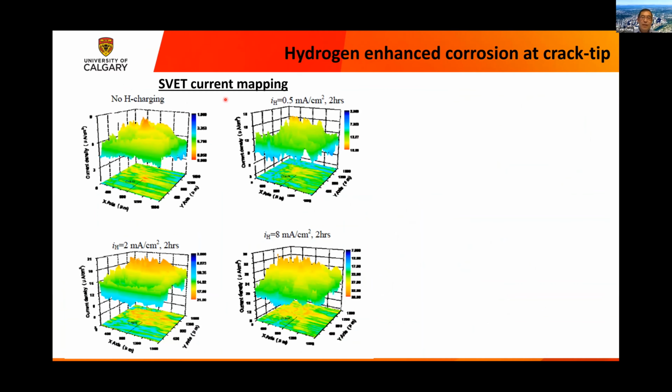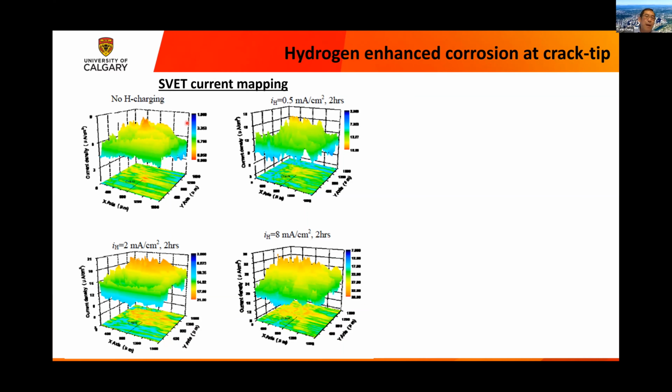These features can only be achieved by micro-electrochemical techniques. Hydrogen usually is a clean energy, but hydrogen can also introduce embrittlement problems to metals. At the same time, when hydrogen is introduced into the metal, it can also increase the corrosion at the crack tip.